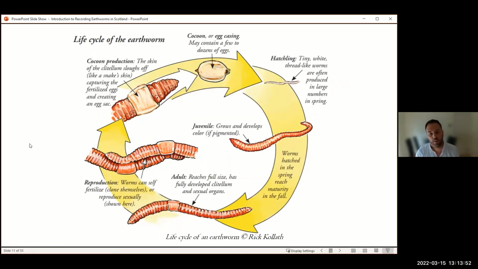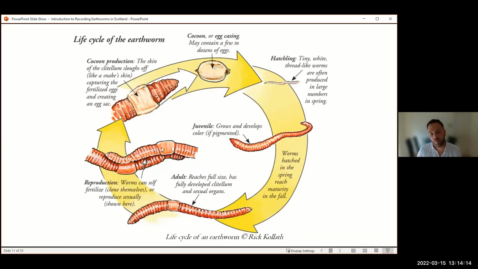What will then happen is the saddle will release more mucus, and it'll form what we call a mucus sheath. And this mucus sheath, after mating, will move up the body of the earthworm towards the head.